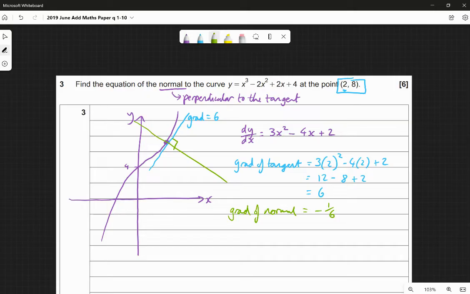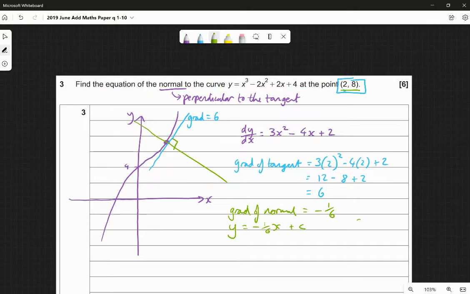Okay, so now I have the gradient of the green line and I have a coordinate that is on the green line because the tangent and the normal both go through 2, 8. So I know that I'm going to use y equals minus a sixth x plus c will be the equation of this green straight line.